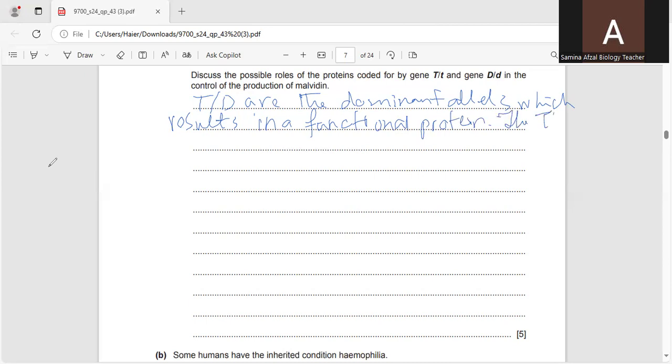The protein coded by capital T or small t would be a transcription factor.